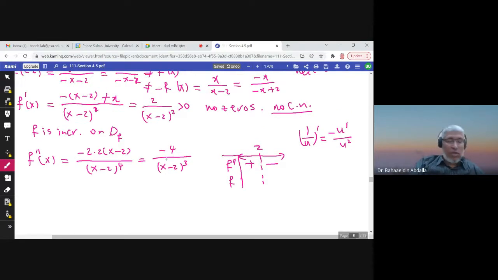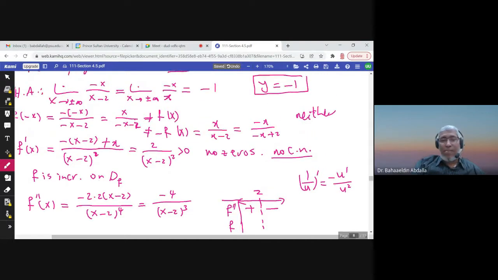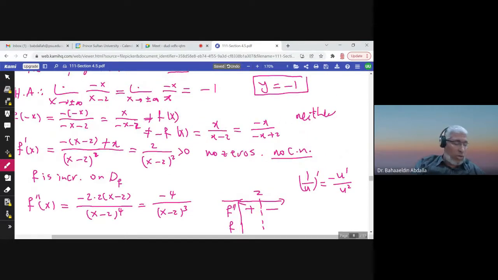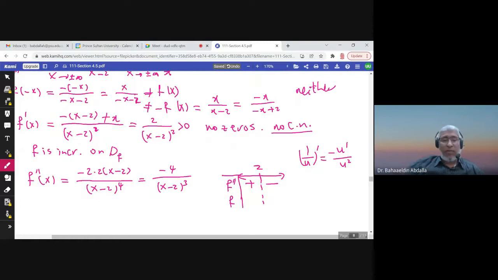Let me check something. F prime, this is negative u prime, 2 times x minus 2 times 1. That's correct.